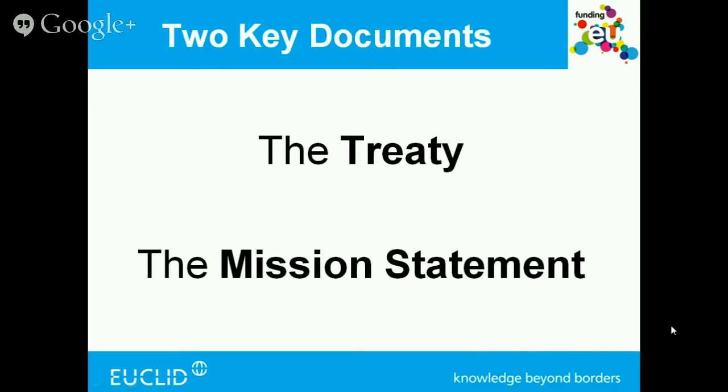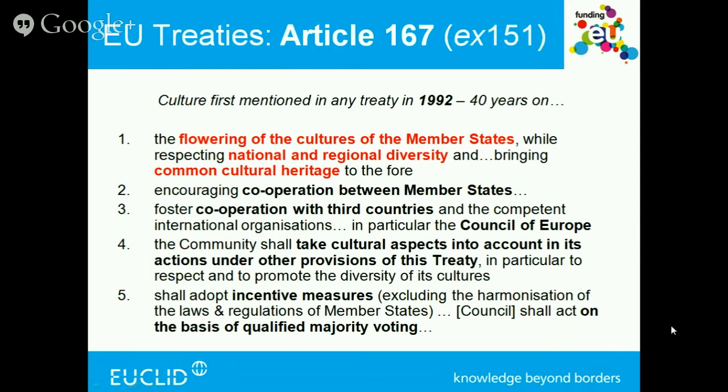Treaty and the mission statement, I'm going to go through these quickly as I always do, because actually there may be one person who's not been to one of these webinars before. Article 167, which talks about culture, not directly relevant to Horizon 2020, so we can move on from that. But if you're interested, that of course is the article in the treaties, in the legal documents which govern how the European Union functions.